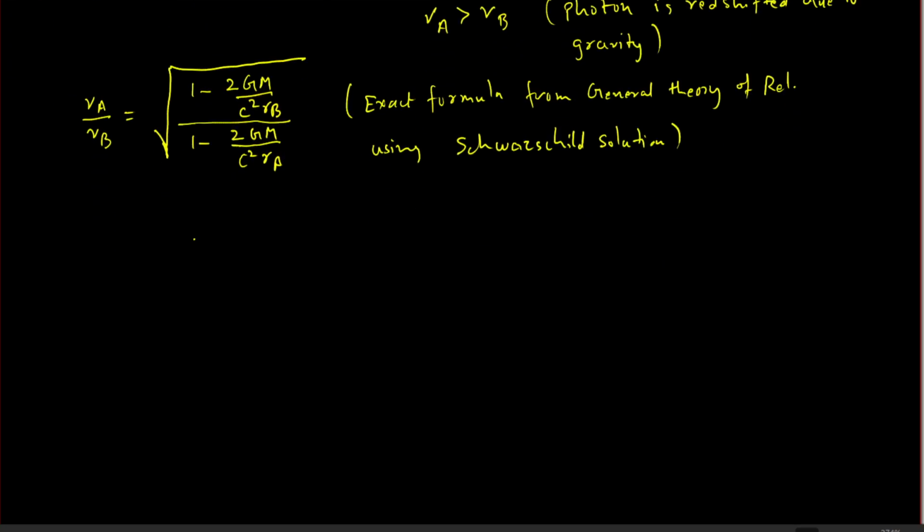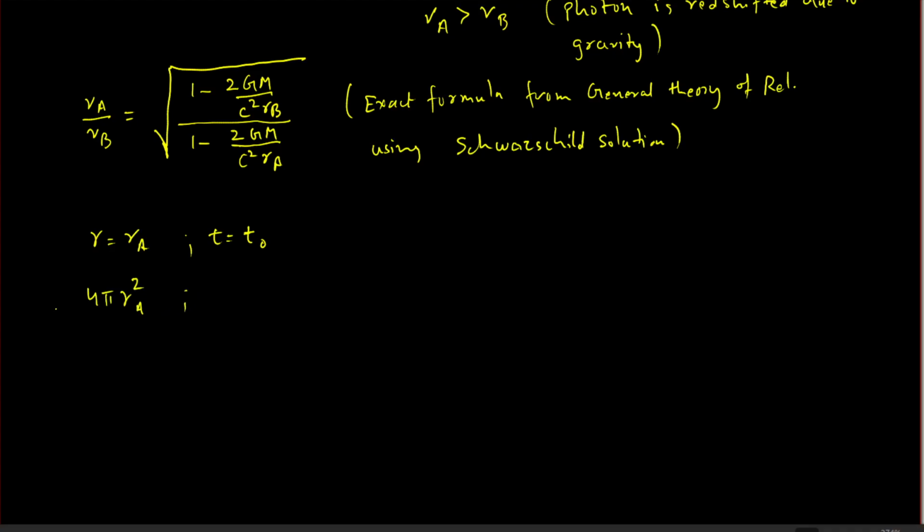The interpretation is like this: if we take a spherical 2D surface defined by r equal to RA, this radial coordinate equal to some constant RA, and time also constant at some value t naught, then the 2D surface defined by these two equations will have an area of 4 pi RA square.